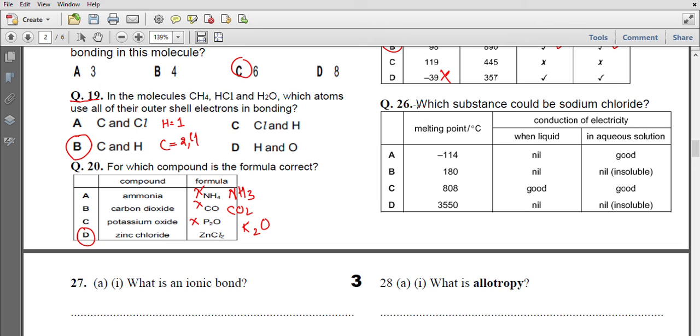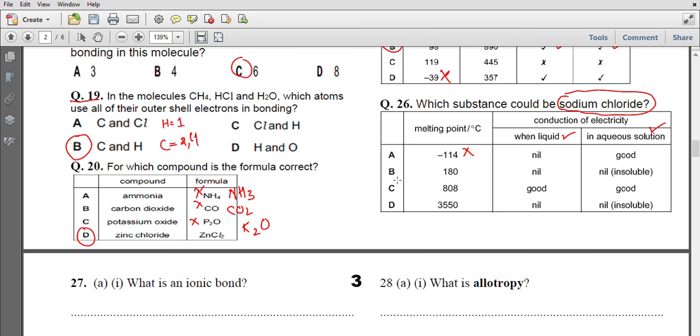So question number 26. Which substance could be sodium chloride? Again, sodium chloride is an ionic compound. Ionic compound has a high melting and boiling point, so we have to eliminate this option, as its melting point is low. Secondly, ionic compounds can conduct electricity easily in molten liquid state and in the aqueous forms due to the presence of free moving ions.